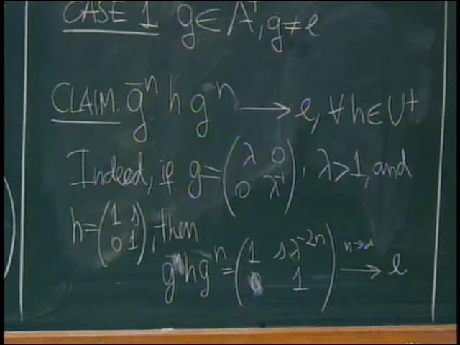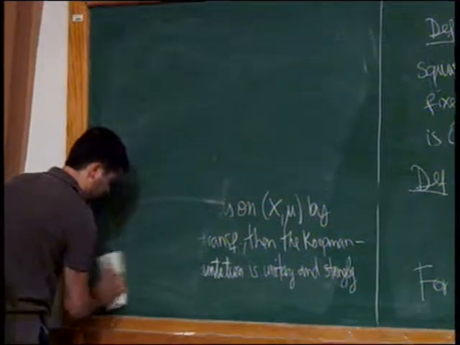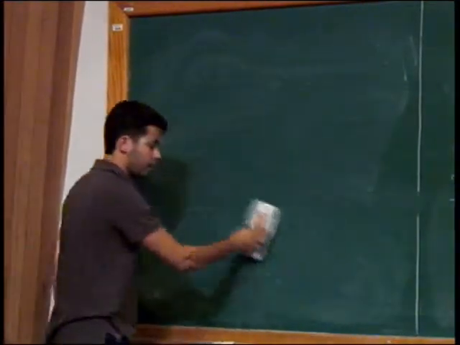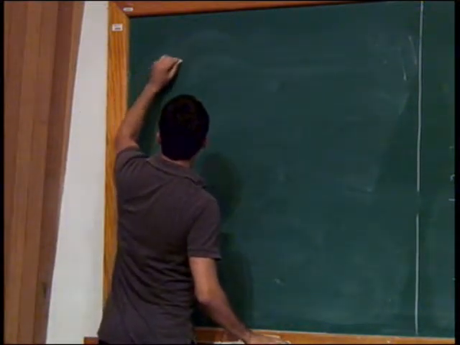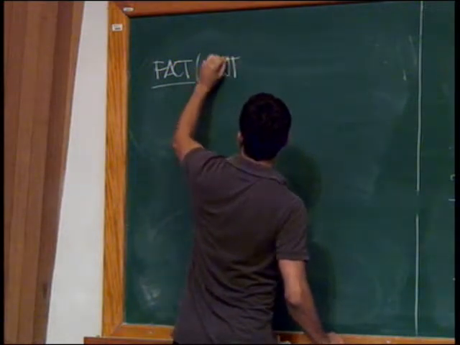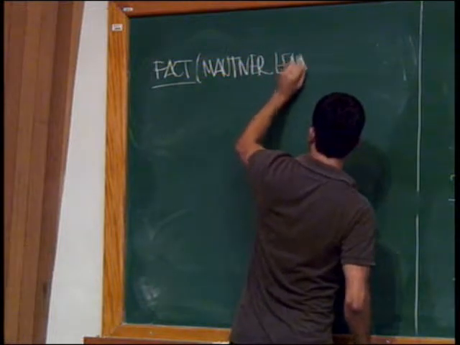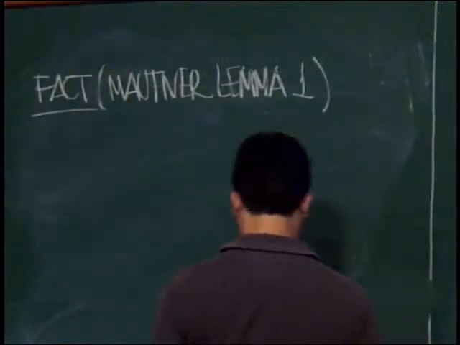Whenever you are in this situation and G is fixing a vector V, I claim that this vector is also fixed by H. The fact that I'm going to use is sometimes called Ratner lemma, but we are going to have a few of them today, so I'm going to call it Ratner lemma 1.